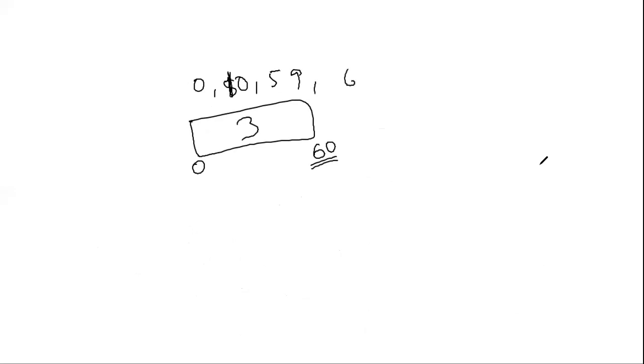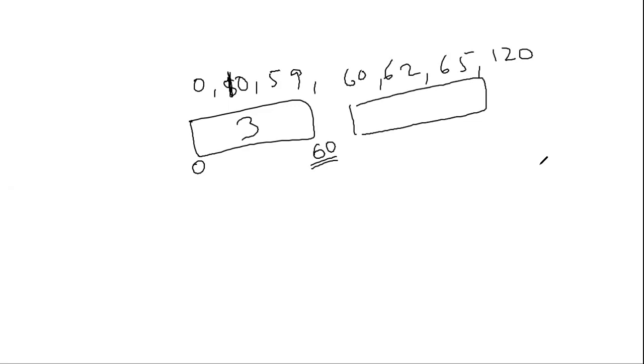Suppose we had tweets at 60, 62, 65, and then 120. Then we can say that from 60 to 120, where 120 is not inclusive, we have another 3 of these.